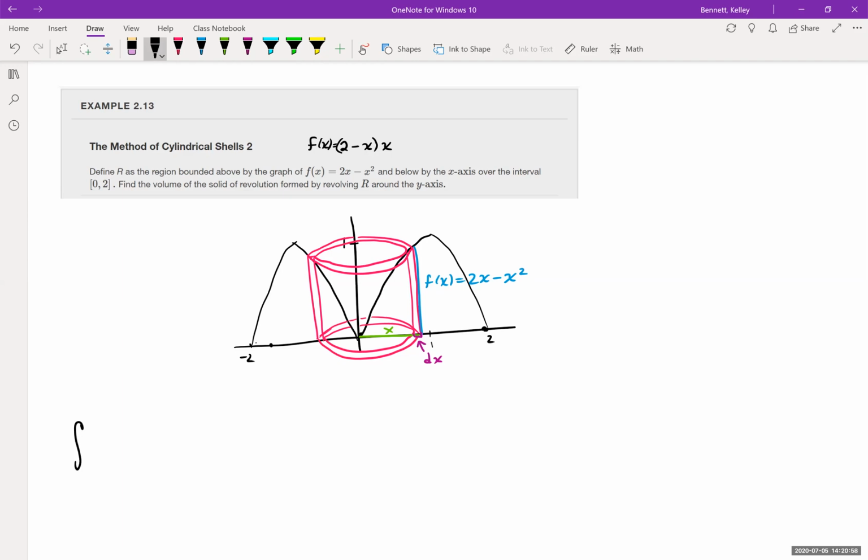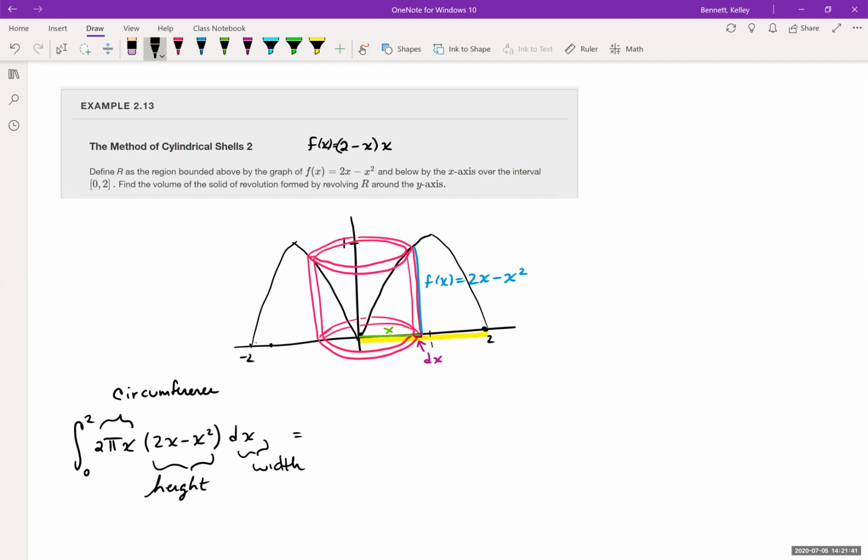I'm integrating from 0 to 2. And I have 2 pi x, because this is our circumference. And then I'm going to multiply that by 2x minus x squared, because this was our height. And then dx, this was our width.